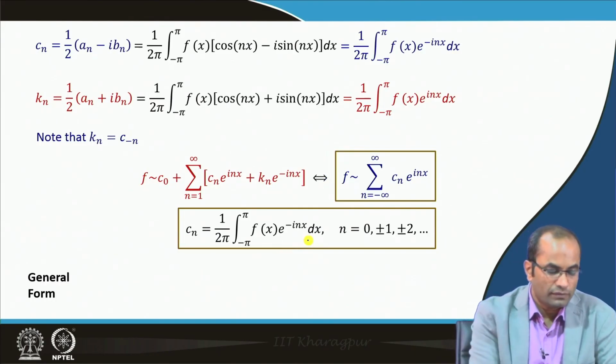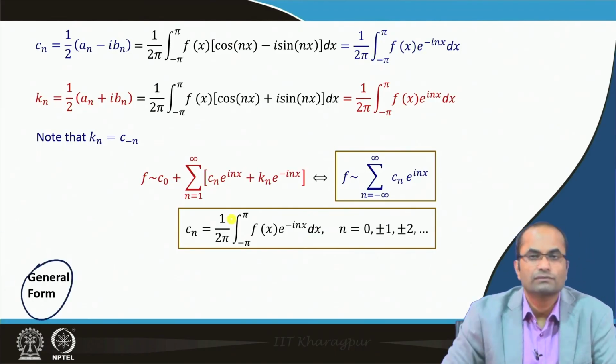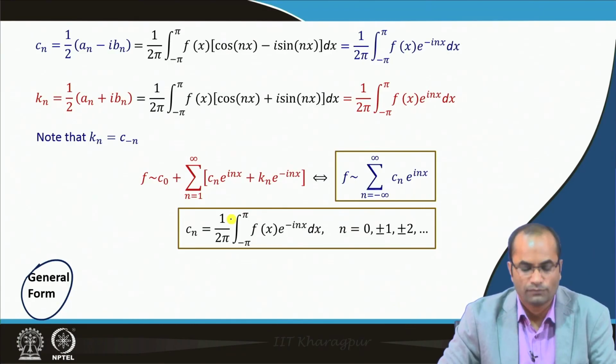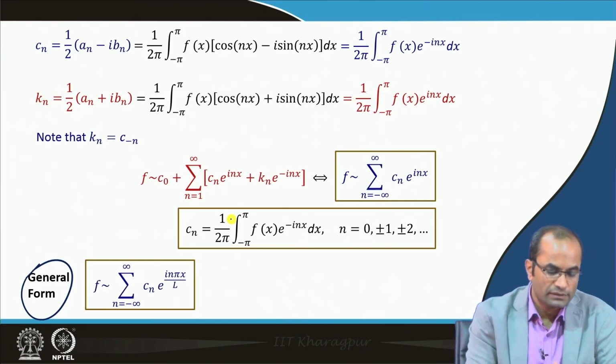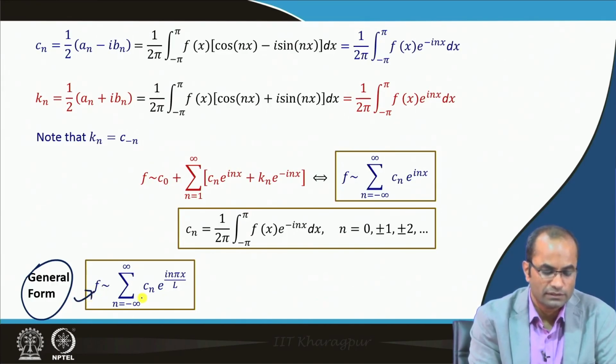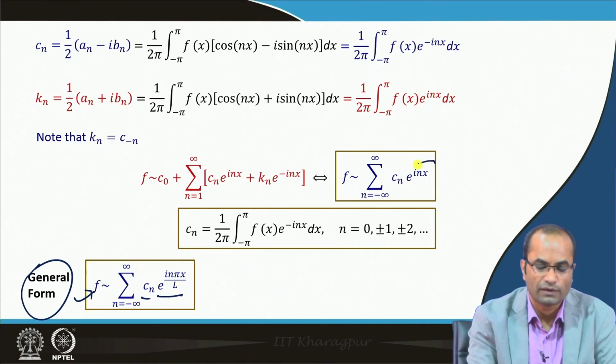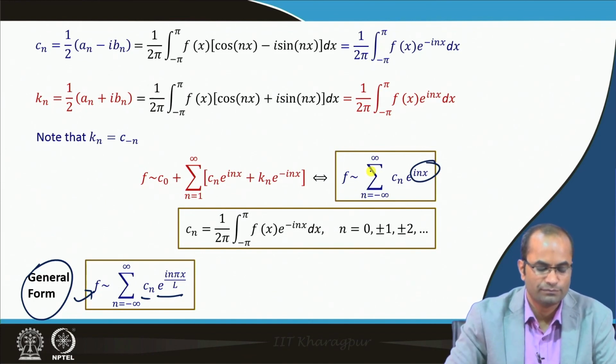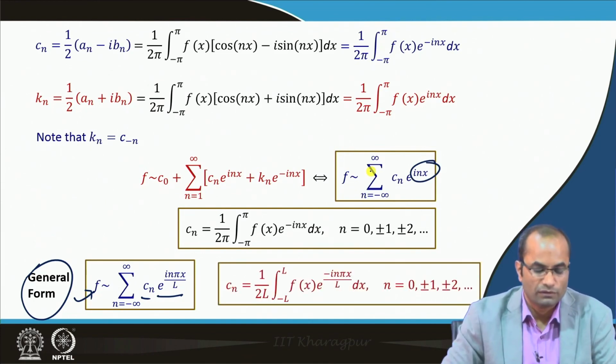So, we can write a general form, general in the sense when we have the interval from minus L to plus L, for instance. There will be a slight difference. The function f can be written in this Fourier series, c_n, and e to the power, instead of inx, we have i n pi x over L, as we have done before for this general form.